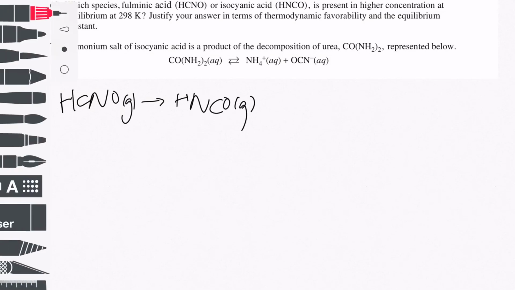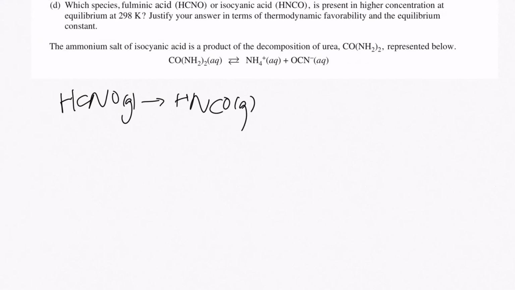So both of the phases for this one are gas. So there's no phase change. And the change in moles of gas is 0 because it's a 1-to-1 ratio. Therefore, the delta S is close to 0 because there's no phase change and the number of moles is the same.